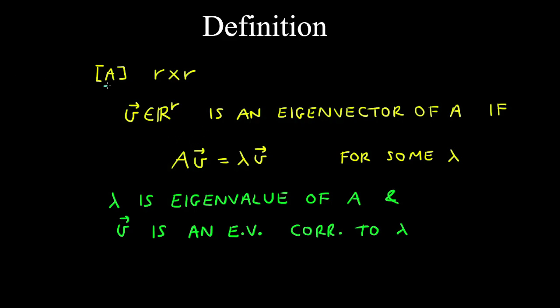So noting that a matrix can have multiple eigenvalues, and there can be multiple eigenvectors corresponding to a single eigenvalue.